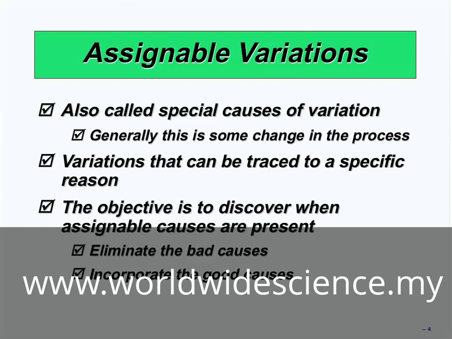So this variation should be traced to a specific reason. It means that we should identify and try to solve the problem. The objective is to discover when assignable causes are present, eliminate the bad causes, and incorporate the good causes. If a cause is bad for us, we should eliminate it. But sometimes the causes are good, and they cause the engineer to change to the situation that has happened.